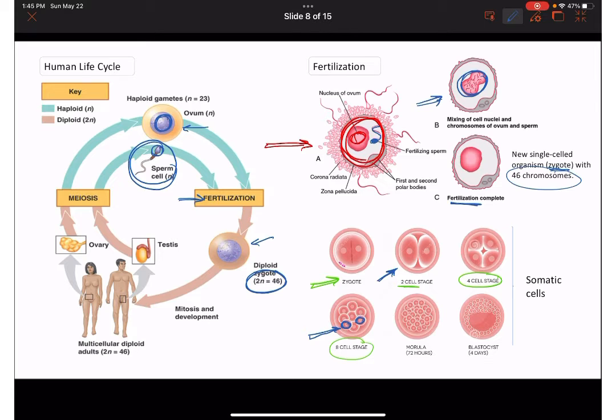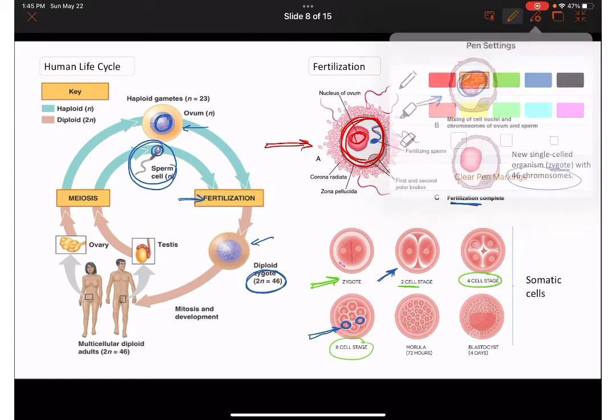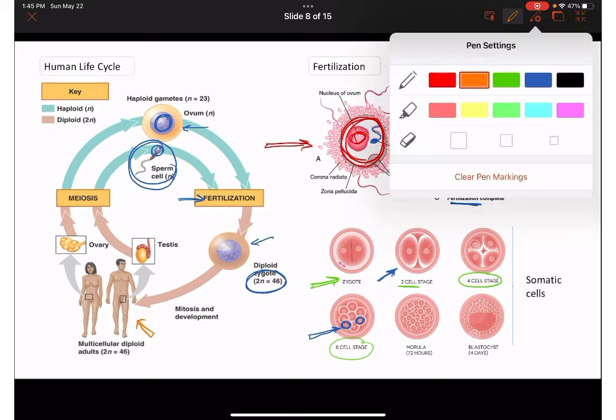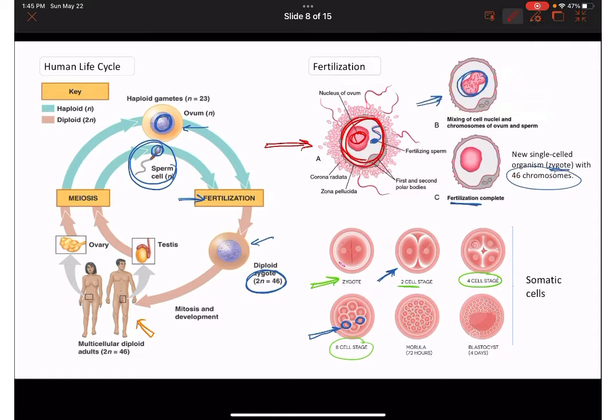And then something interesting: in the case of males, they won't start producing sex cells, sperm, until they reach puberty. But what's interesting about females is that females produce all of their eggs, or at least that we know of, in utero.